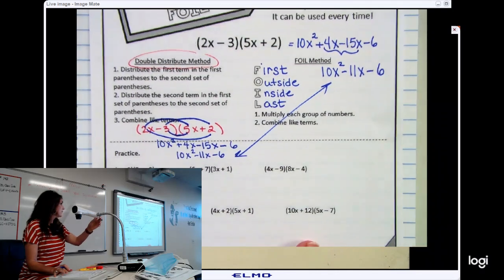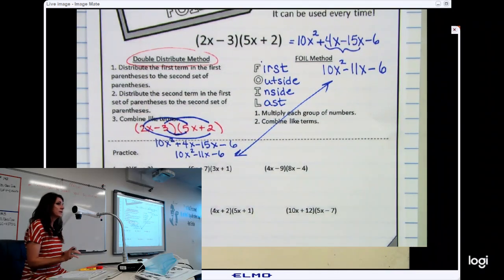Now I know you haven't practiced it at all, but I kind of want to get a feeling of which method made sense to you. Who likes FOIL? First, outside, inside, last. And you're welcome to change your mind later. It doesn't matter. Who kind of likes to double distribute? Okay, that's awesome.